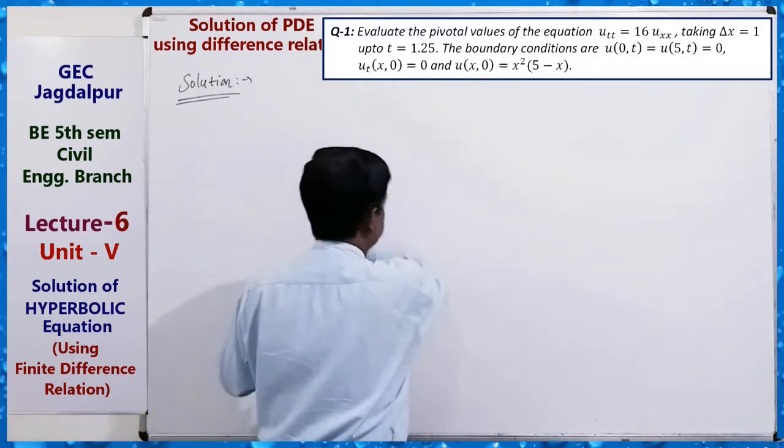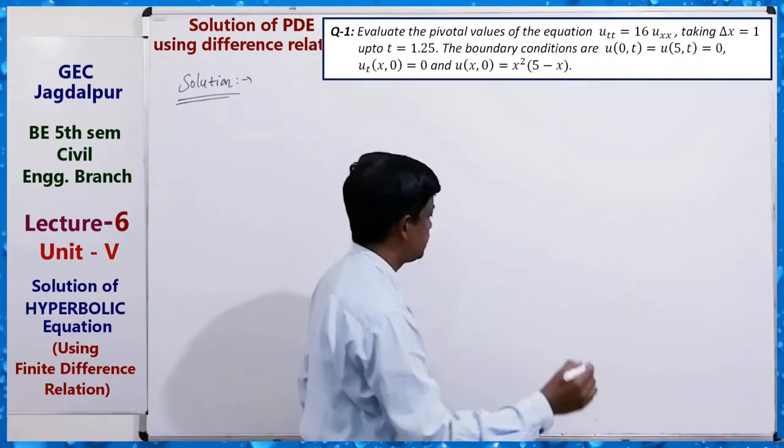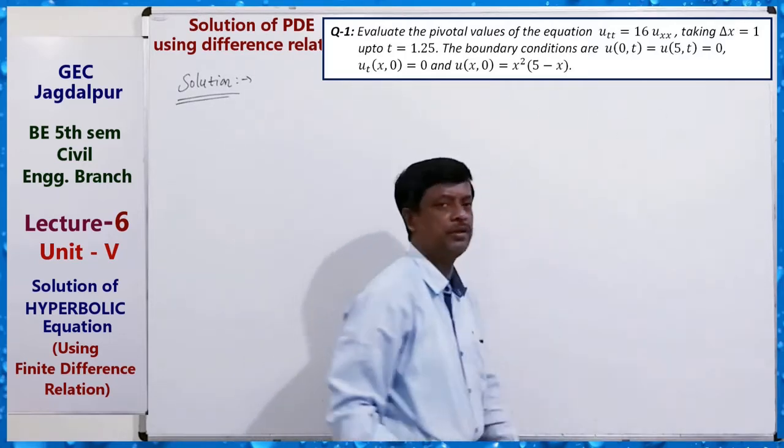Now our table will be like this, because the table gives the values of the function.